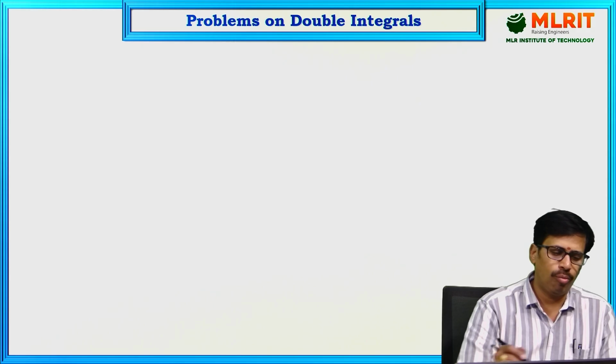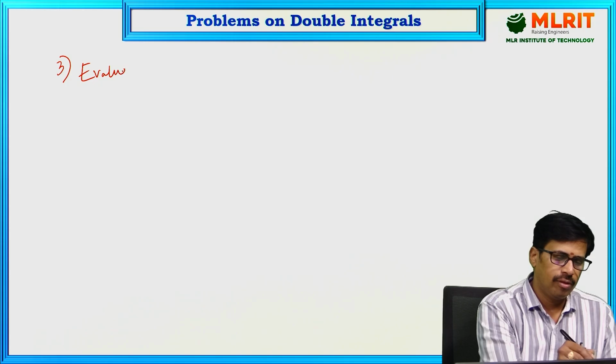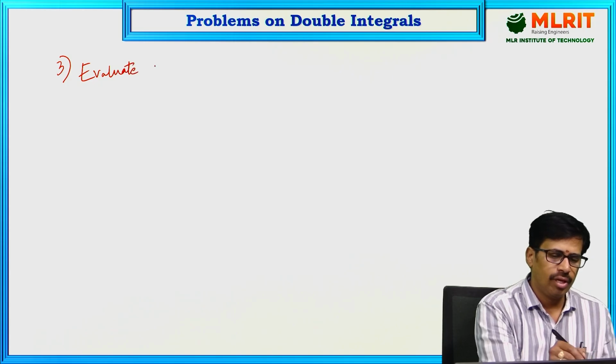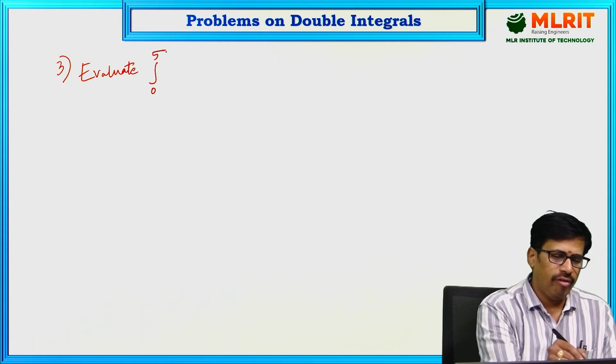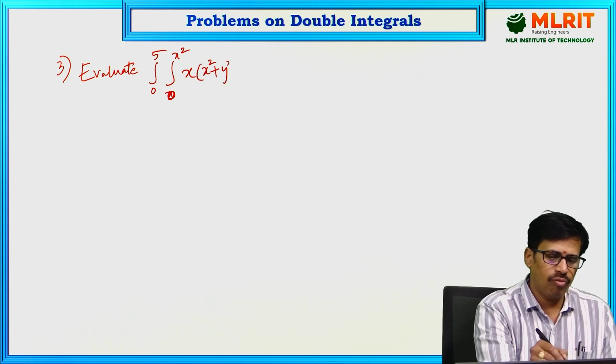Let us see one more problem. Evaluate the integral of 0 to 5, integral of 0 to x square, of x into x square plus y square dx dy.